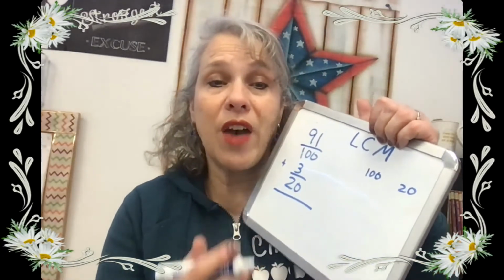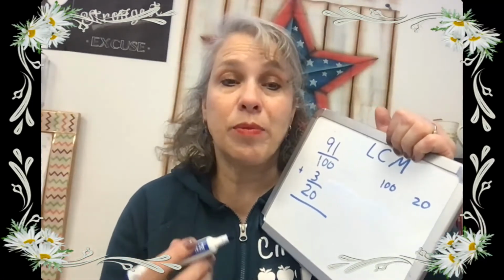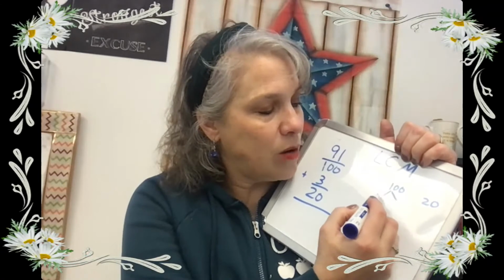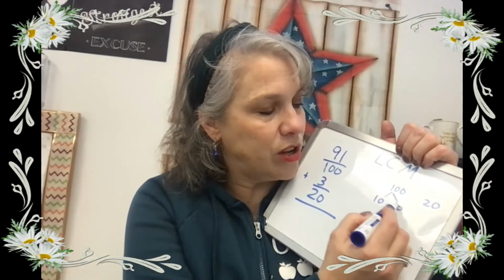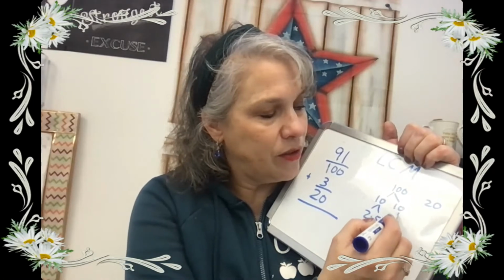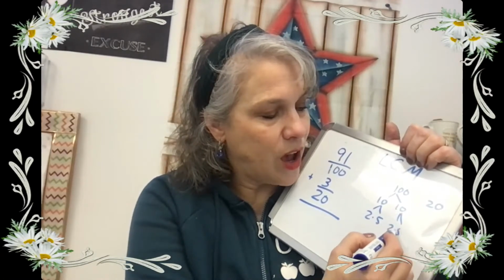But there's another method I could use, and I would find the prime factors of each denominator, okay? Prime factors means that I'm going to find the prime numbers that all multiply together to get that number. So I'm going to start with what we call a factor tree. So 10 times 10, 2 times 5, 2 times 5.